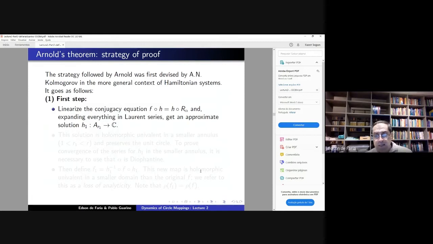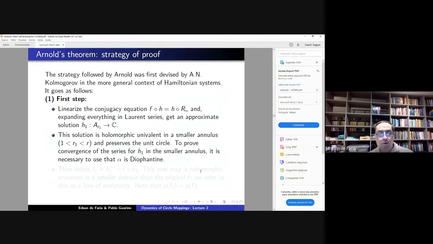But then you expand everything into Laurent series because you are in an annulus, right? Everything is analytic on an annulus. And you get an approximate solution. But when you do this, you actually get that the solution is defined on an annulus which is slightly smaller than the original annulus. So you have what we call a loss of analyticity, okay?